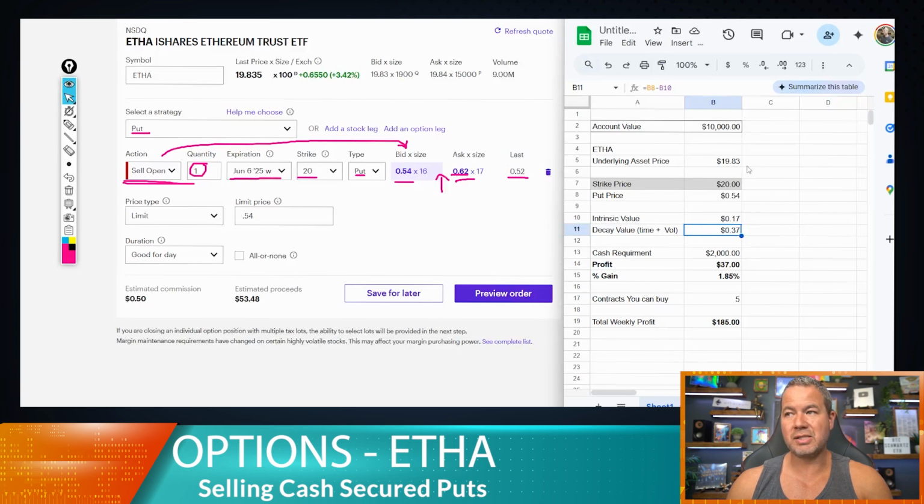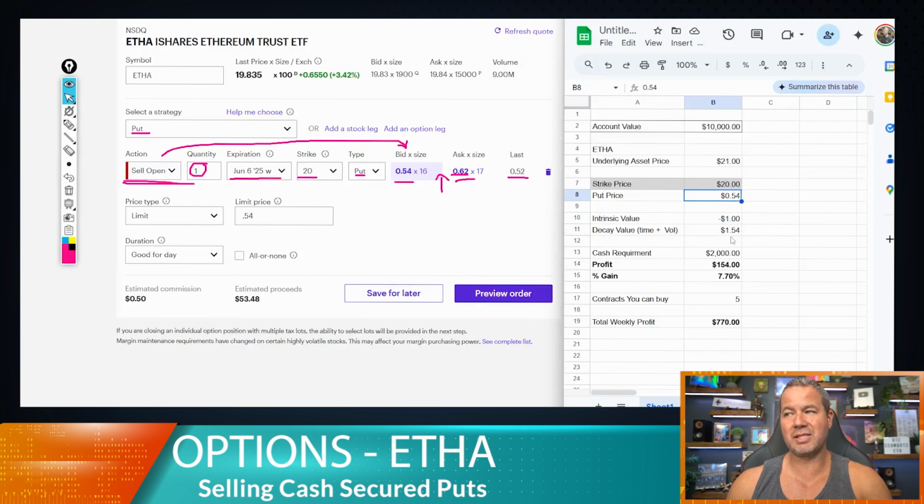So what that means, if ETH were to move up to $21, then we would have a negative intrinsic value, which essentially would mean 0. So the rest of these numbers don't work in this scenario because I didn't do the math for them. But basically it would be 0, and we would make the whole 54 cents on this example, okay?